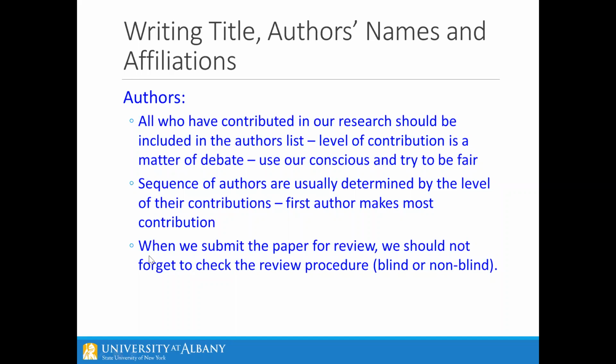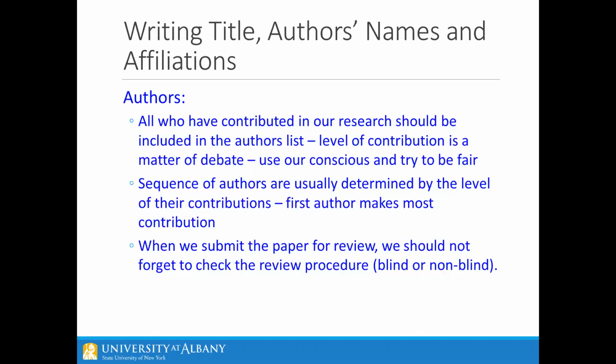Okay. That is in the context of when you're submitting the work to be reviewed, we need to check whether the review procedure is blind or non-blind. Non-blind means you can state authors' names in the paper, and in blind that means there is some anonymity, and anonymity can be at two ends. It could be at the end of authors, it could be at the end of reviewers.